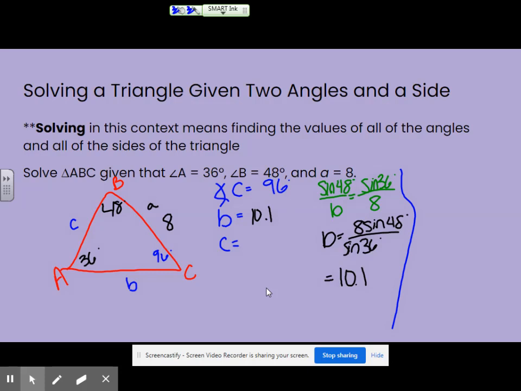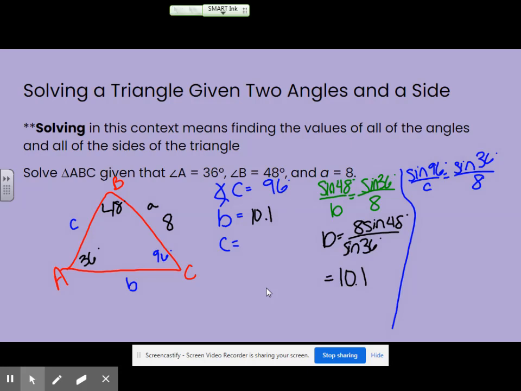All right, let's figure out what our side C is. I know that our angle is 96 degrees, and I'm solving for that side C. I could use my completed pair A that I was given, or my completed pair B. I like A. A's are nice. So I'd probably say sine of 36 degrees, our angle A, over its opposite side, 8.